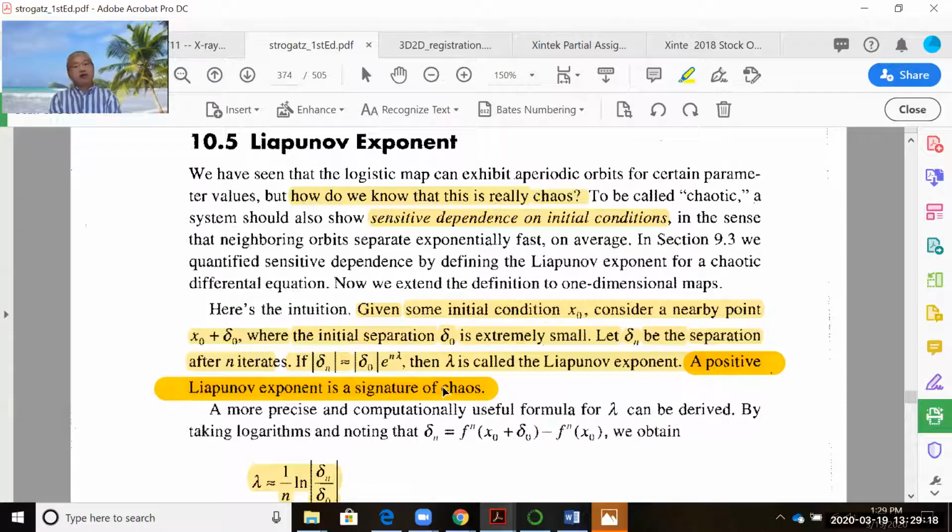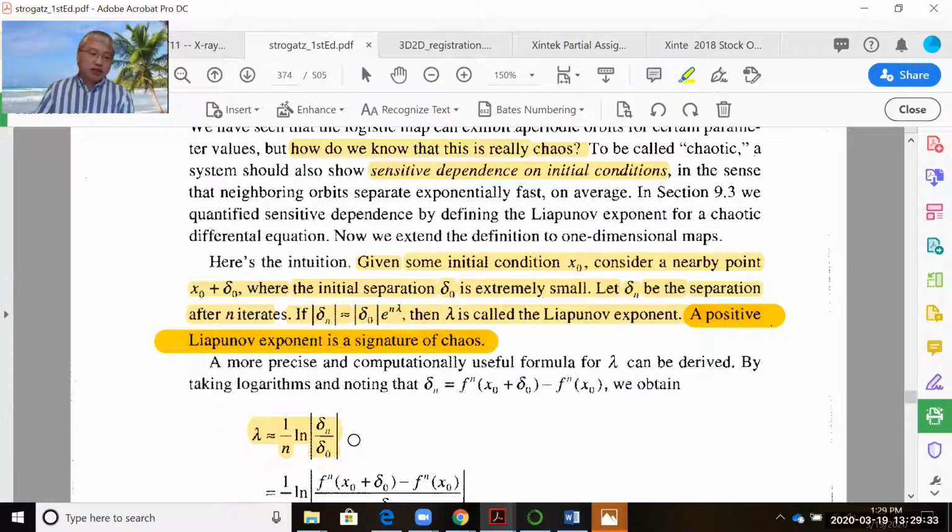So here now we have a quantity which can quantify chaos: a small lambda is weakly chaotic, but a large lambda will be more chaotic. So you can actually quantify it. Now, calculating this lambda numerically is very easy. You just do n iterations with a small deviation in the initial condition, and calculate the separation.